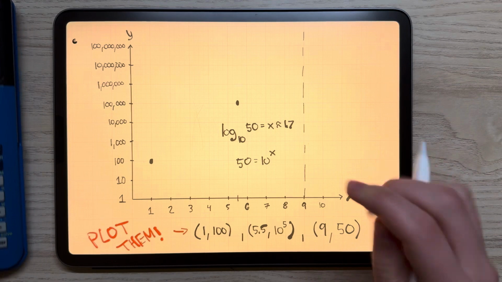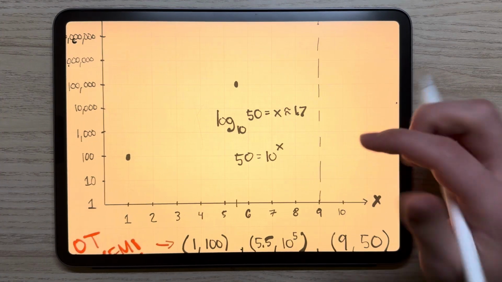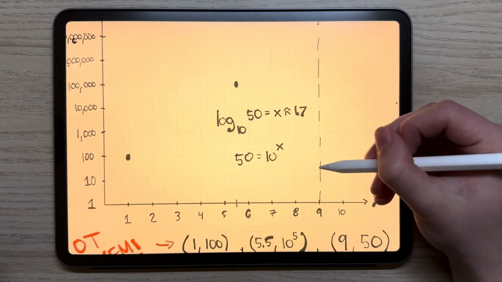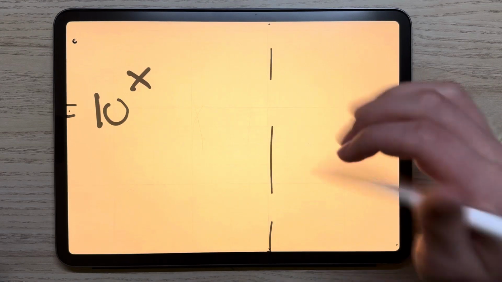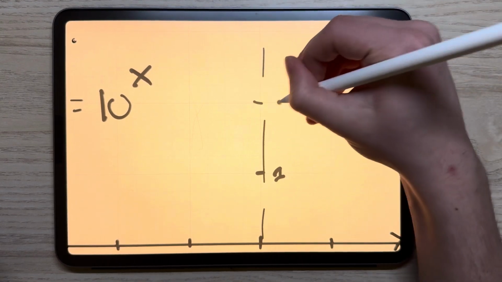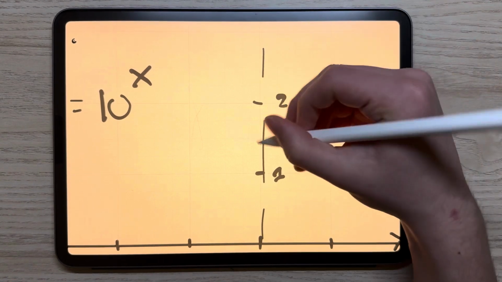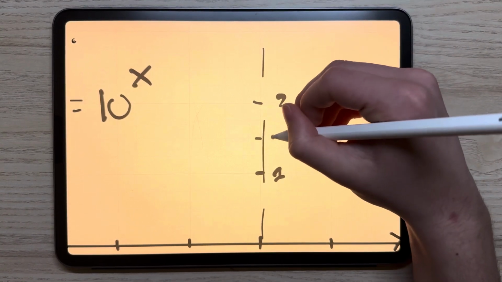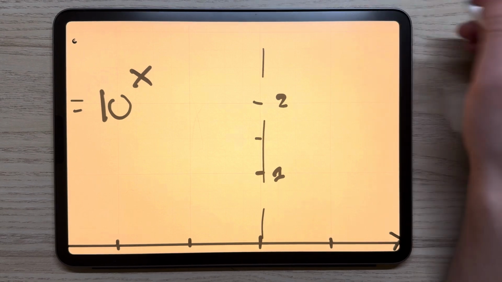So instead of putting 50 in between here, which is like 1.5, because this is kind of like a height of 1, this is a height of 2, and this is where we guessed 50 would be, in between those.